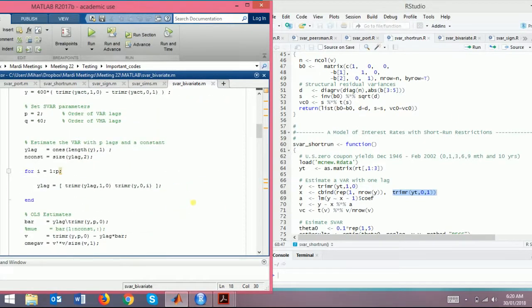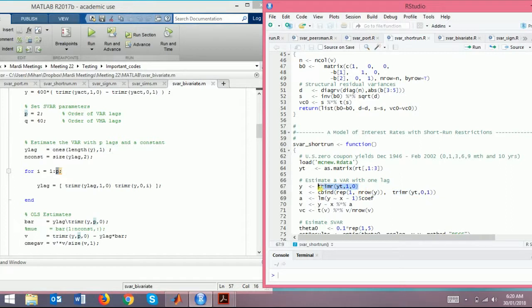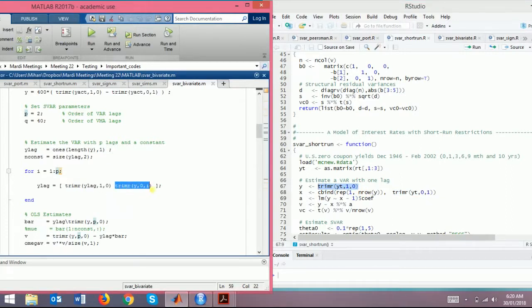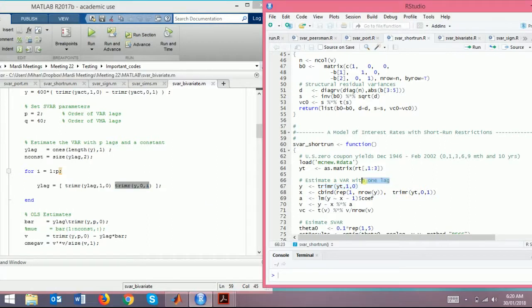We could have done this in the new way, and the new fashioned way was, well, 1 to p. First we set the constant, which is 1's, the length of y1 for the loop, right? And we could have set the number of constants, then we could have gone up to the number of lags, and we could have represented with level y lag 0, then the lag, okay, 0 instead of 0 1 0 I, because this is a VAR with one lag.